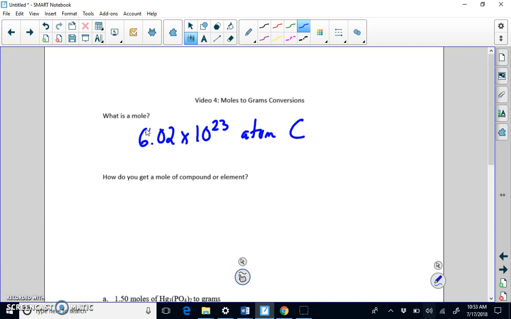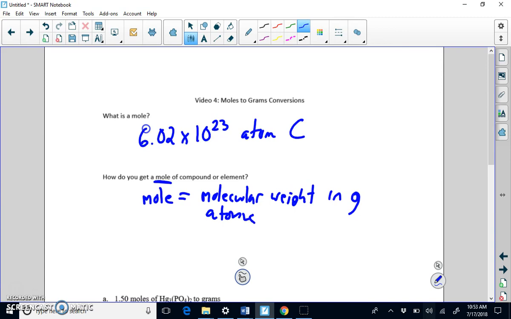Now, you need to be able to know how to get a mole of a compound. A mole of a compound is equal to its molecular weight in grams, or you could say its atomic weight in grams.